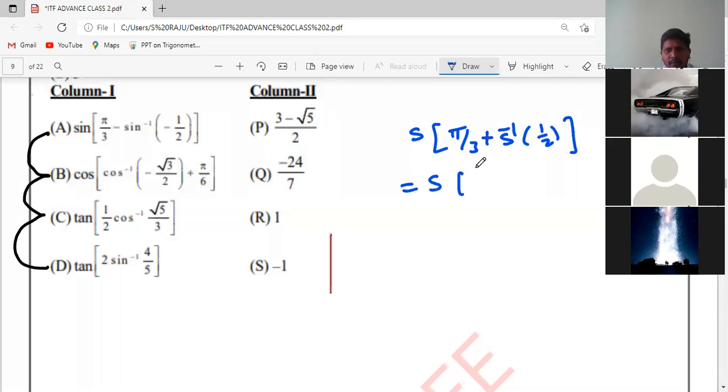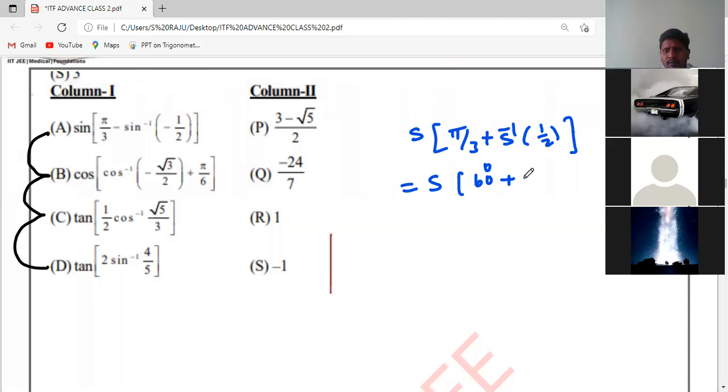So sine of 5 by 3 means 60, plus sine inverse 1 by 2, which is 30. So sine 90, and sine 90 value is 1. So A is mapped to R.